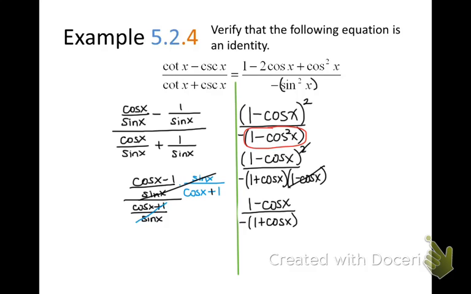And now you're left with the cosine of x minus 1 all over the cosine of x plus 1. We're really, really close. What's the only thing that I have to do? And it might be easier to modify this side to look like this side. What's the only thing that's different?